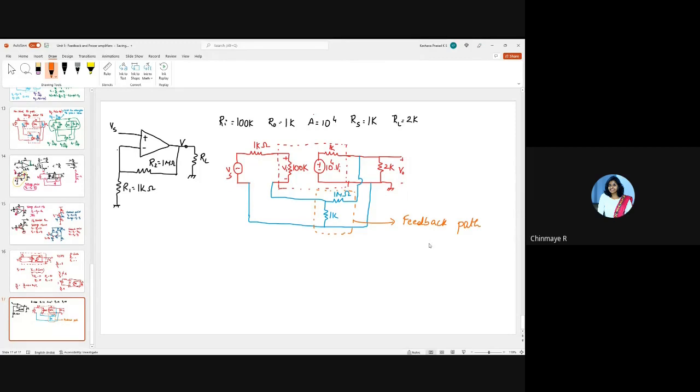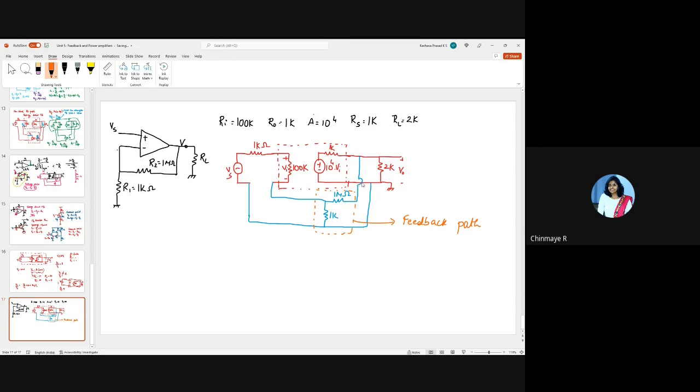So is it an ideal feedback path now? No, right? Because this has resistors. The feedback path has resistors. So these resistors will load both the output side as well as the input side. So this is not an ideal feedback path.